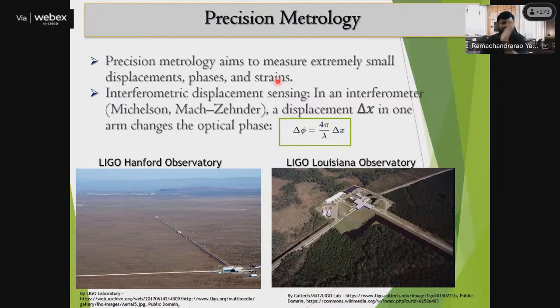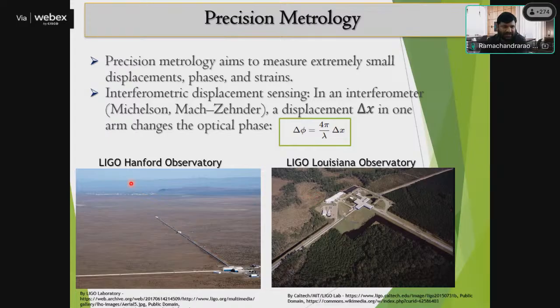Conventionally, people use interferometer displacement sensing. The interferometer is either a Michelson interferometer or a Mach-Zehnder interferometer. It is a displacement: if you change the arm length, you introduce a phase. This is typically how interferometers look.